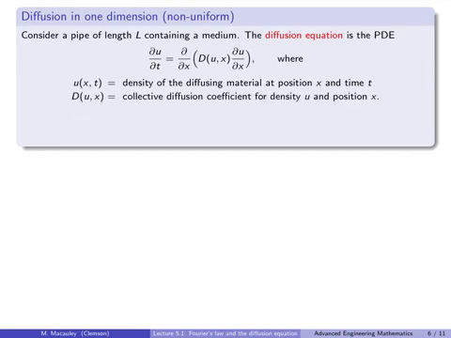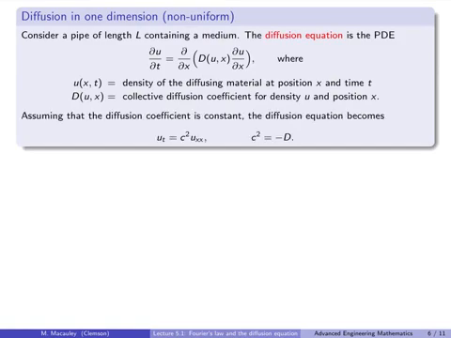And now capital D is called the collective diffusion coefficient, and that could depend on the density of the material and on the position. We're assuming it's not going to depend on time. We're assuming that at least the medium is not changing over time.